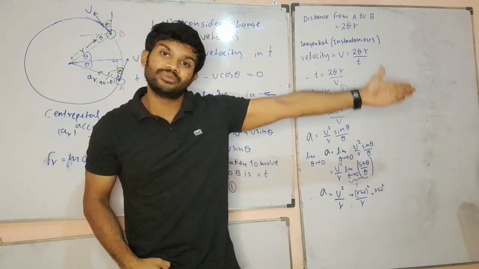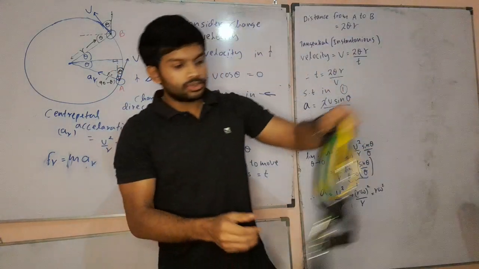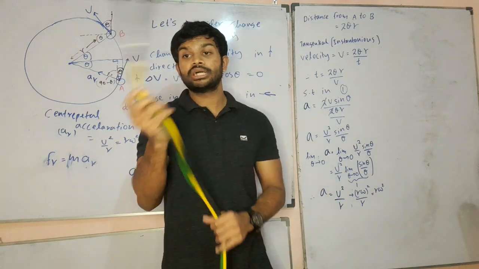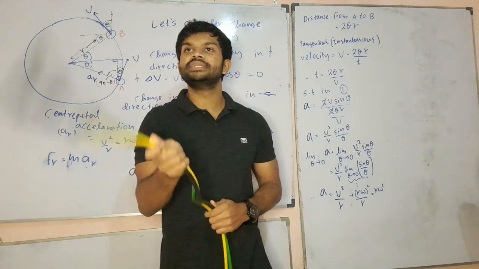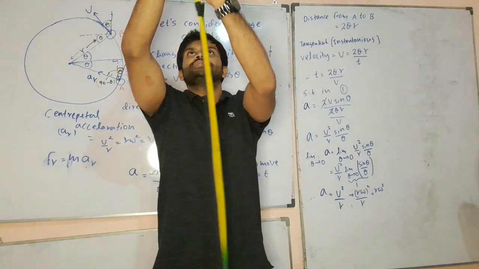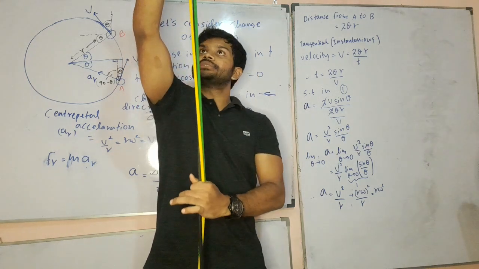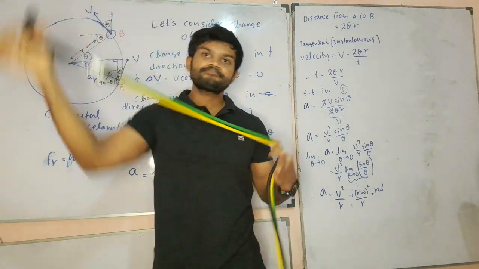What is that force? Centripetal force. That's why we can easily observe that when this object is moving in this circular path, the tension is exerted along the radius towards the center.